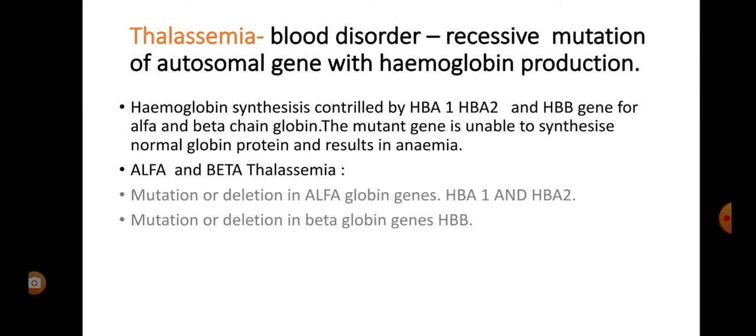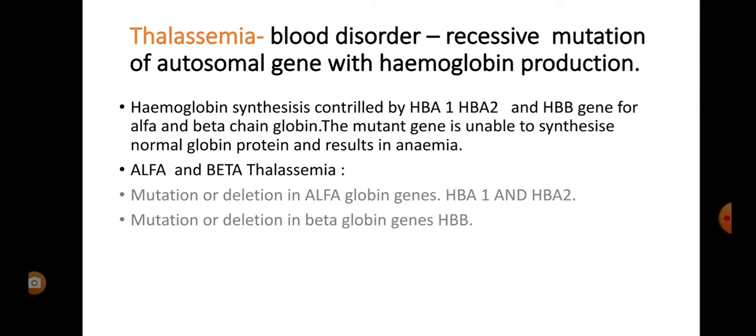These proteins are controlled by two genes, HBA1, HBA2 and the HBB gene, for alpha and beta globulin protein.